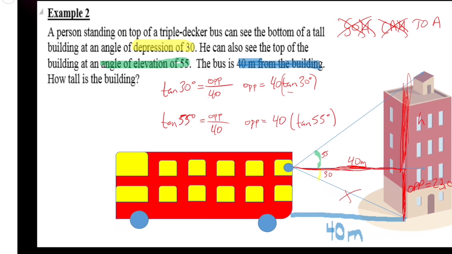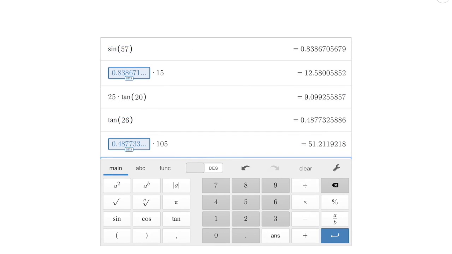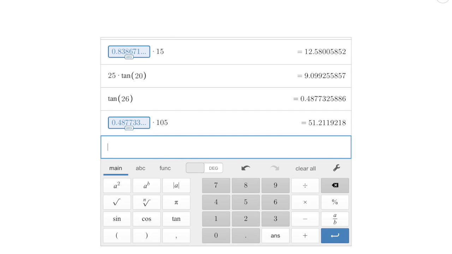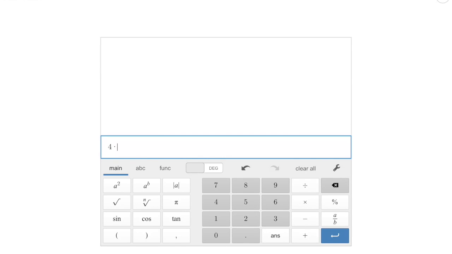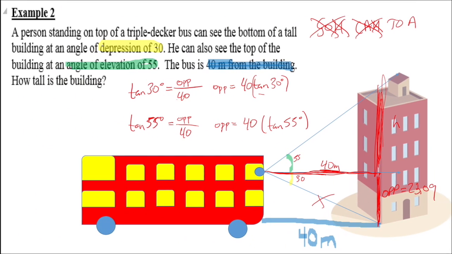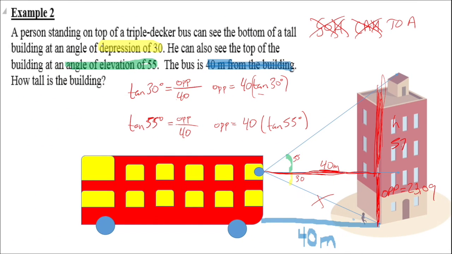And let's see what that works out to be. 40 times tan of 55, and that's equal to 57.